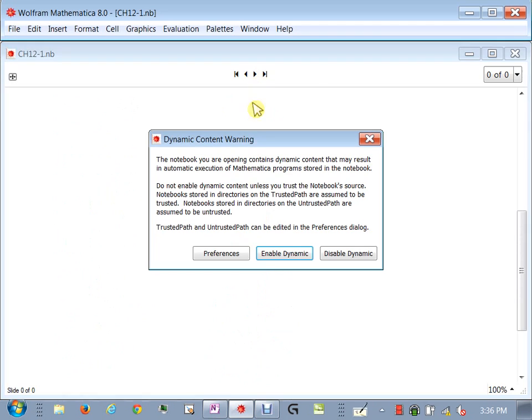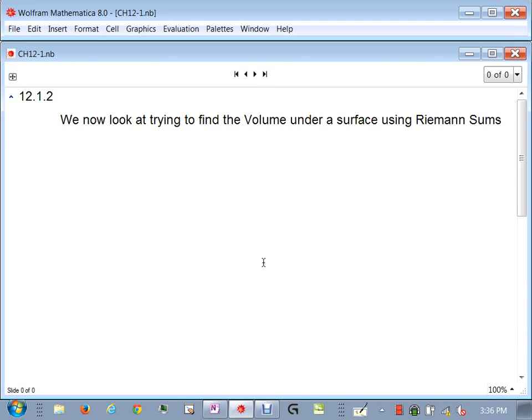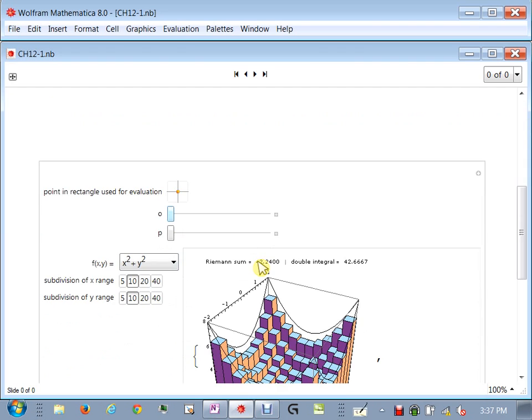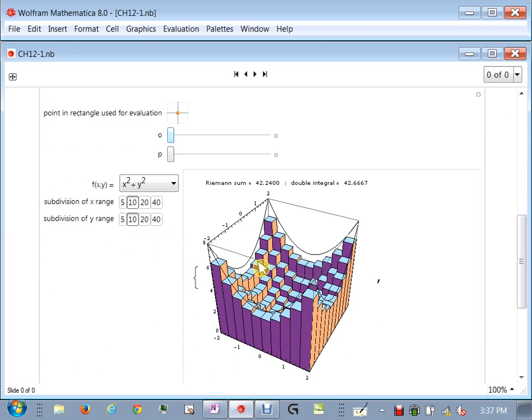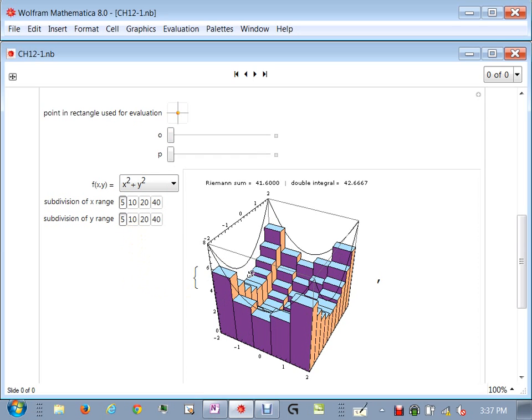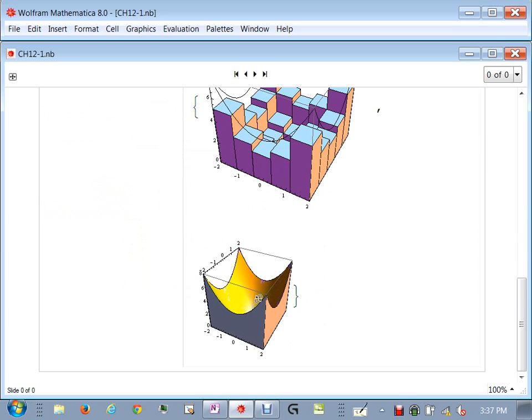All right, so now, what if we are trying to find, instead of the area under a curve, the volume under a surface? So we can still use Riemann sums. So imagine, let me see, where's my surface? Here's the surface.